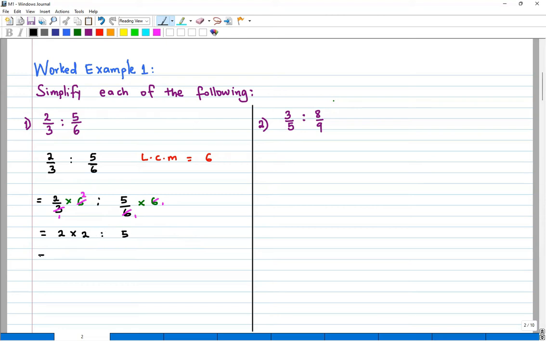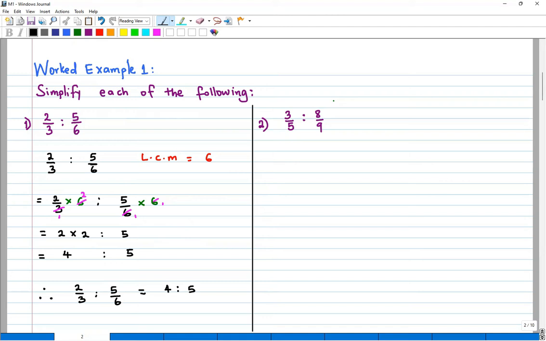And this will give us 4 to 5. You see that? So it means that therefore, the ratio 2 out of 3 to 5 out of 6 is the same as 4 to 5. You understand that?